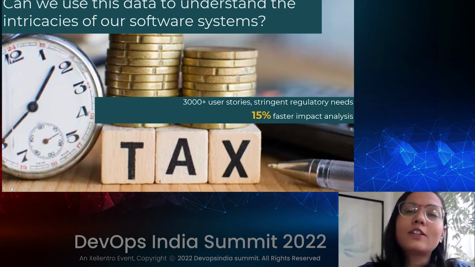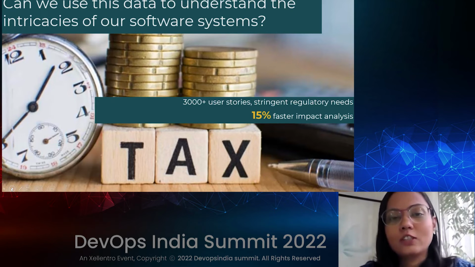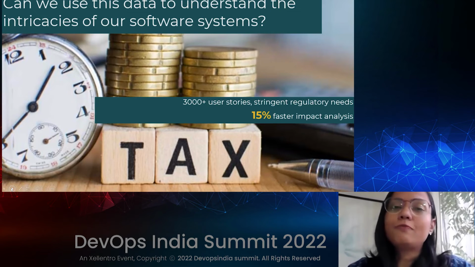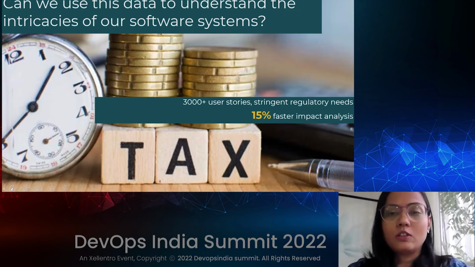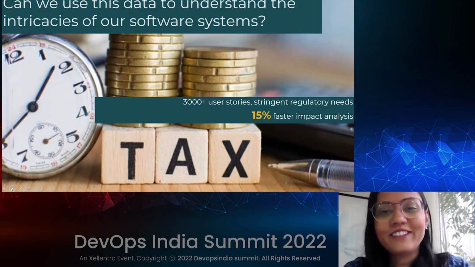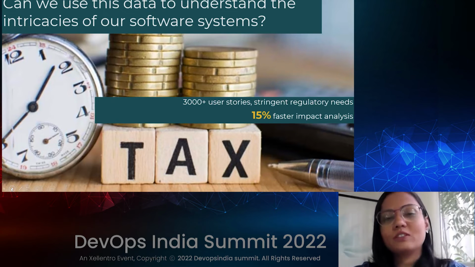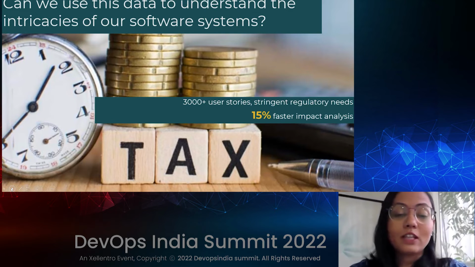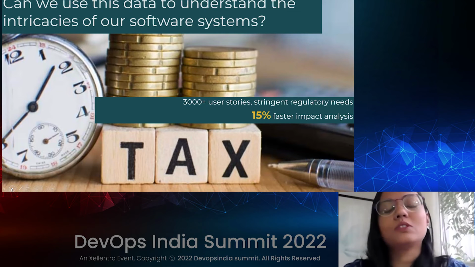And can I not every single time rely on an expert, because many times experts may not be available, they would have left the company? What do you do then? In those cases, can you feed all of this data and let AI take the lead here and figure out those dependencies and tell you this is exactly where it will get impacted if in the future you introduce this kind of a change?